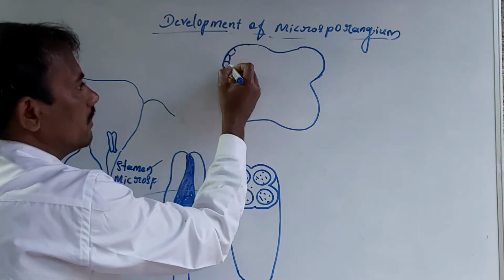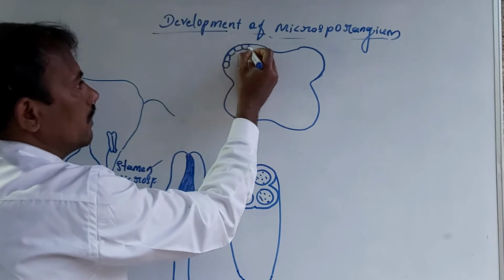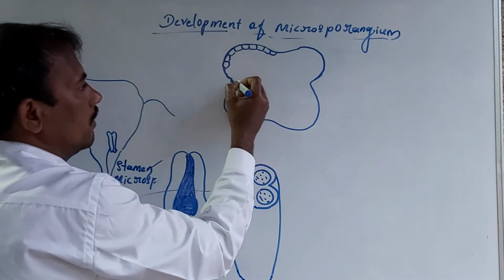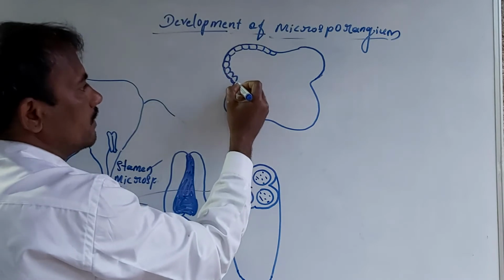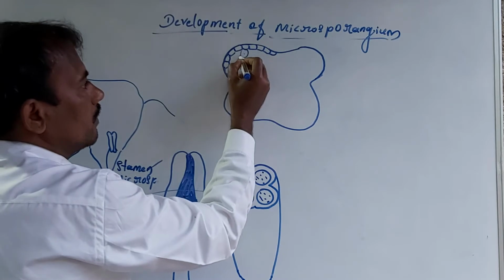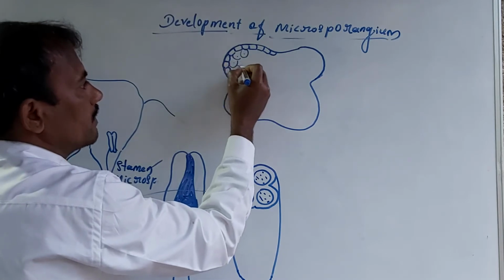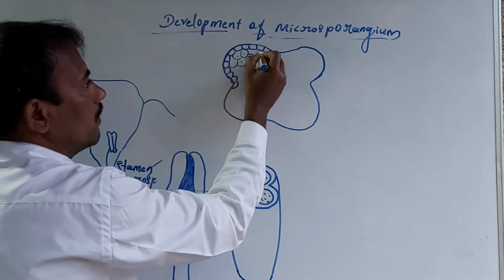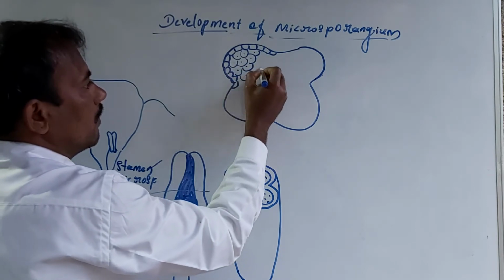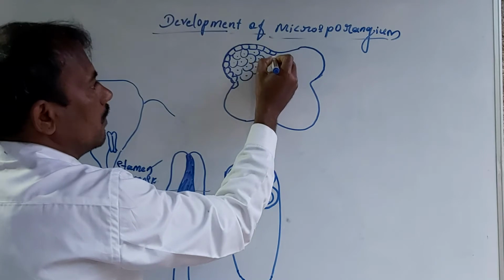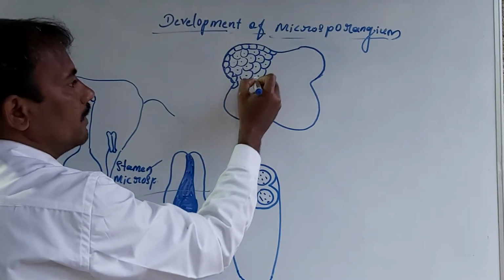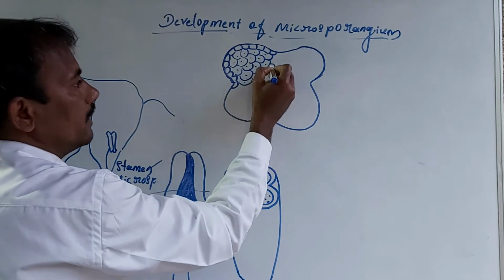Epidermal cells like this, and a group of meristematic cells. All of them are identical and fitted together very tightly.